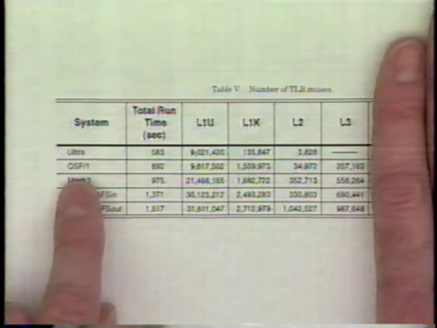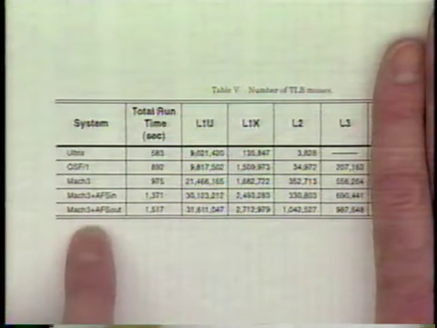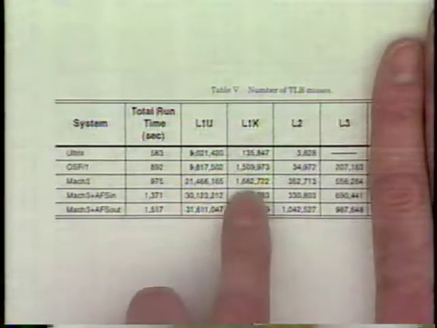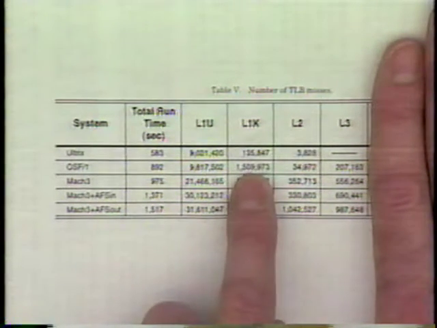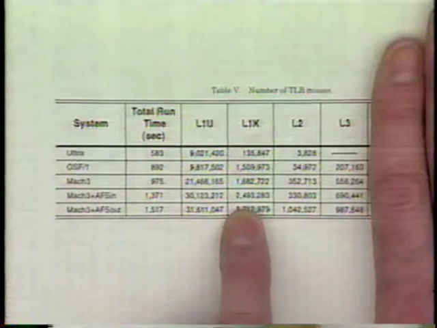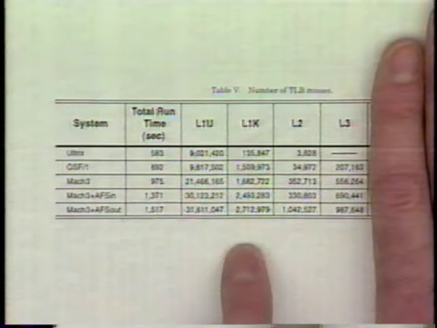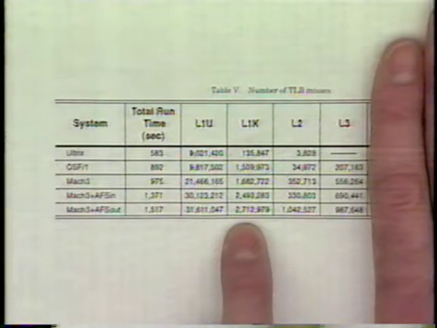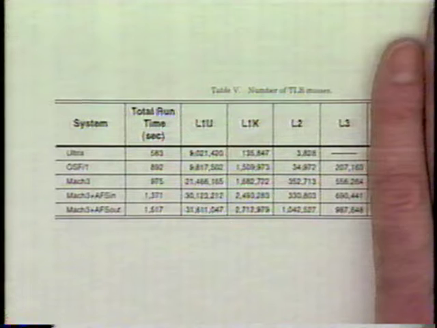But then you run other versions of Unix-like operating systems, like OSF and various flavors of Mach with and without the Andrew file system, and suddenly the number of TLB misses for the kernel jumps up by more than a factor of 10. It goes up from 135,000 to 1.5 million, or 2.5 million, or 2.7 million, becoming a significant fraction in some cases of the overall TLB misses.